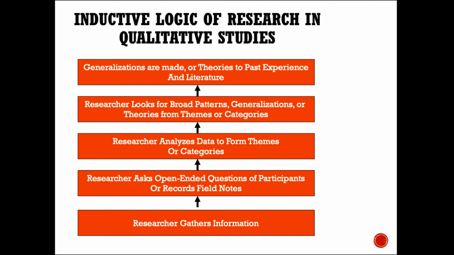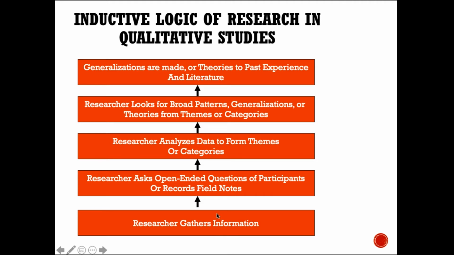So in qualitative, most of the time we use inductive, even though sometimes we could also use deductive, but usually in qualitative we use inductive. As I say, we start from specific, then we go to the general, from the bottom to the top. Specific means that you have observed a phenomenon, for example, then you go and do an observation.